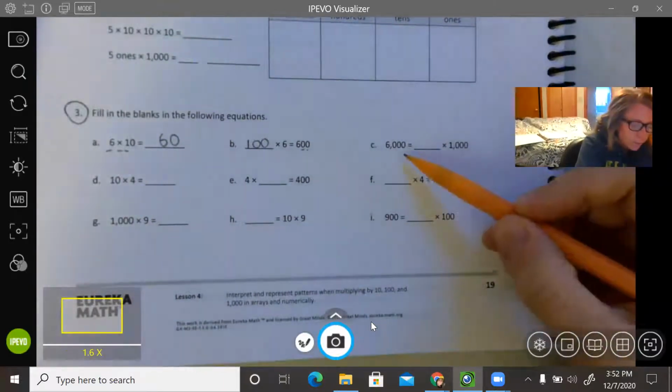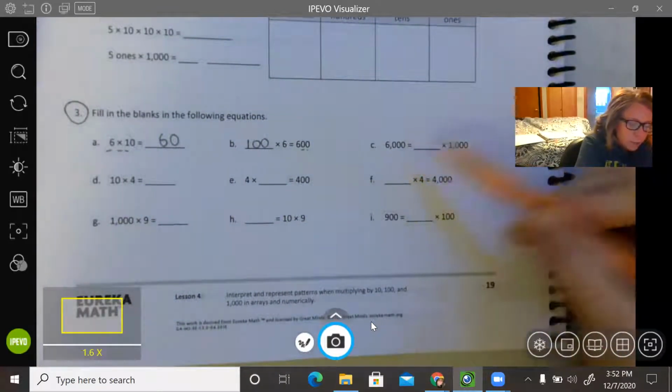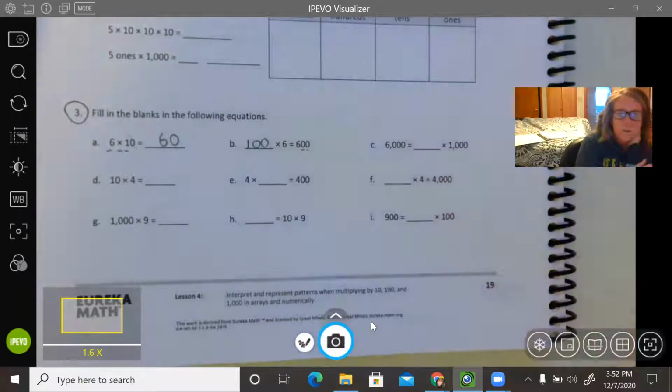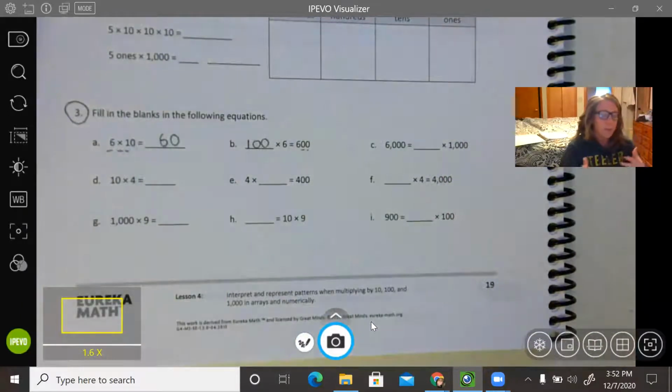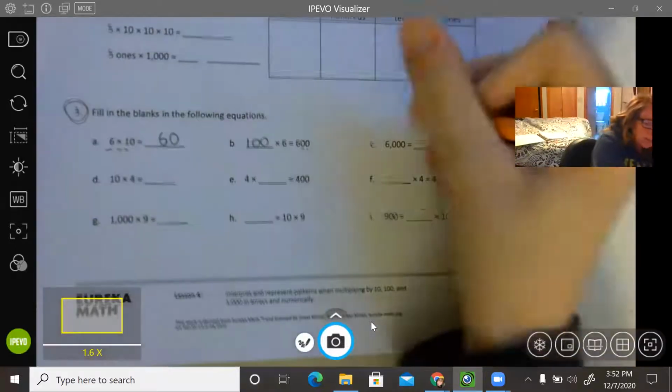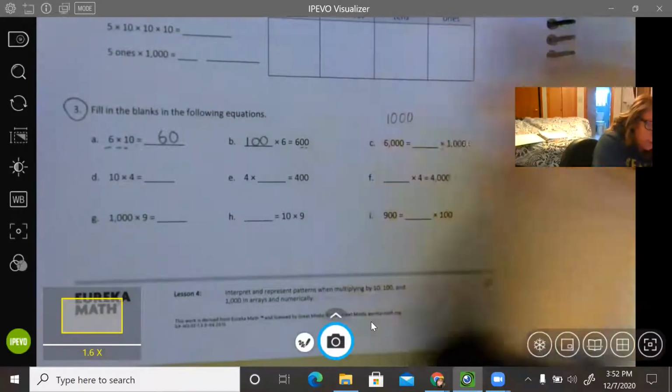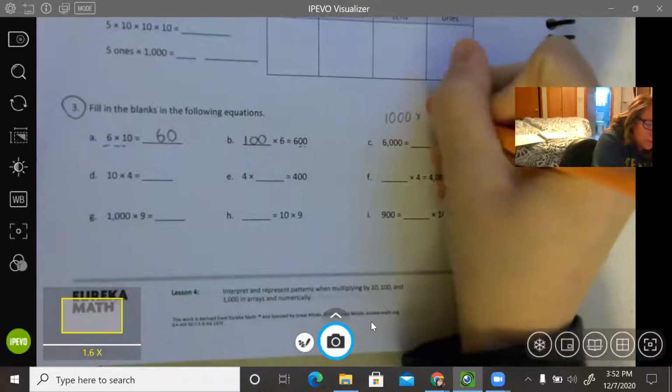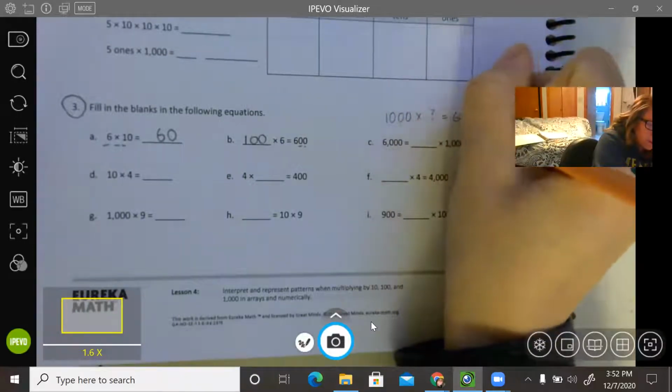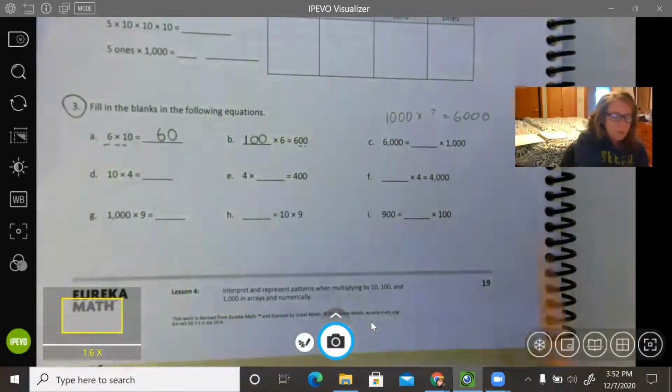Okay, letter C. We have 6,000 equals blank times 1,000. Now, sometimes they put the numbers, the factors, and the product in a different order. This is just like writing 1,000 times what gives us 6,000. They just started with the product at the beginning.